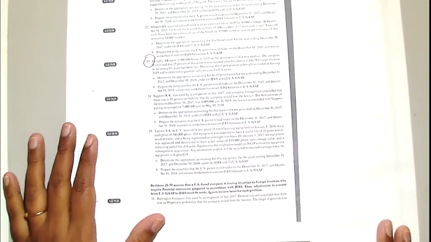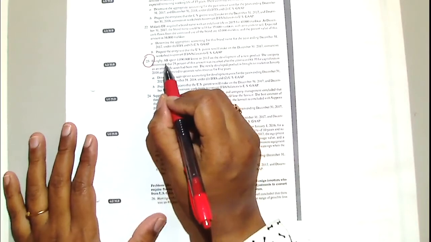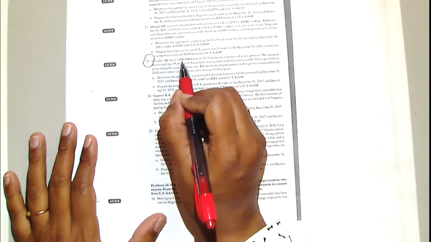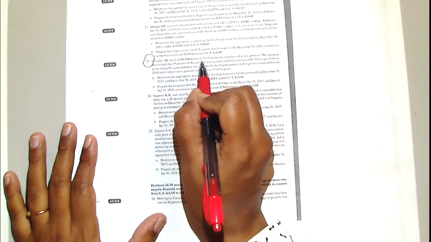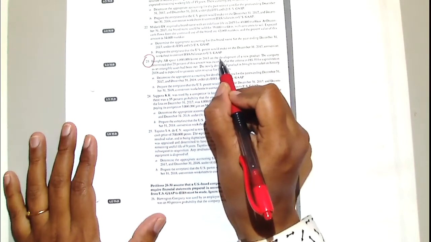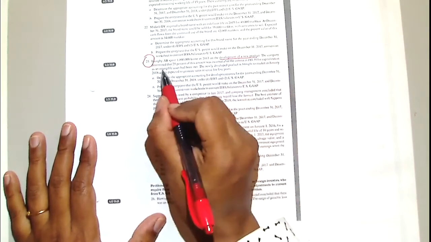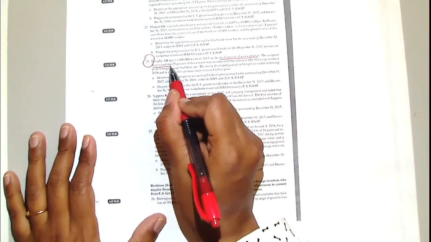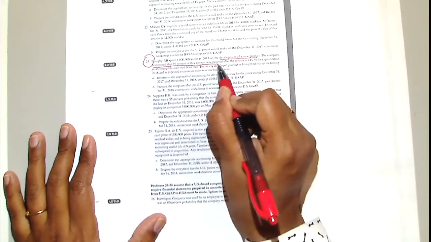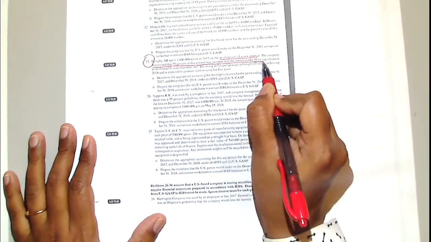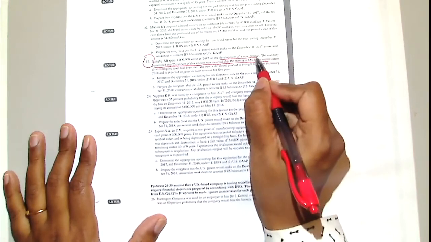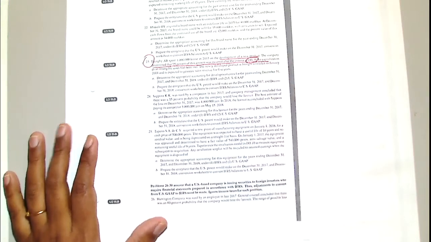So here, this company, Mumbai AB, spent 1 million kron in 2017 for the development of a new product, and it determines that 25% of this amount was incurred. This is IAS 36 standard. That standard, IAS 36, actually tells about the criteria that you need to meet, whether you're going to call it as an asset or you need to capitalize it.